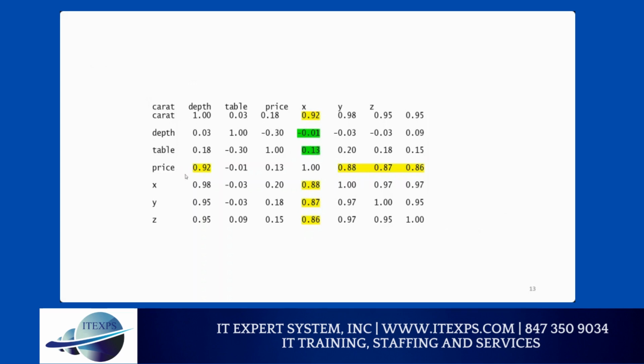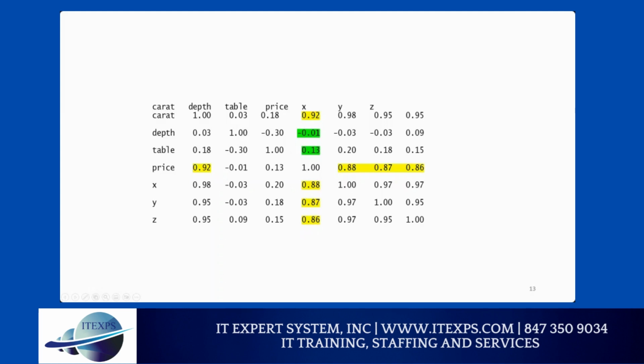Price has relation with depth, Y, G. Here, I'm sorry, it got mixed. And X has strong relation with Y. Y has with X. G has with X, 0.8X.